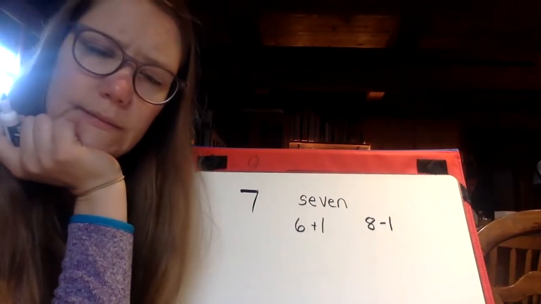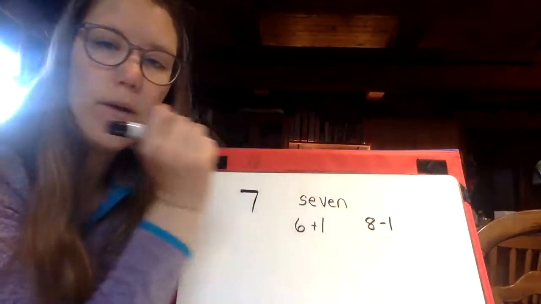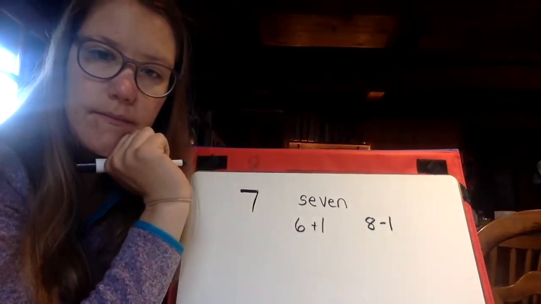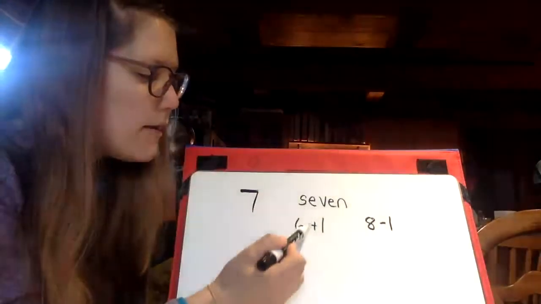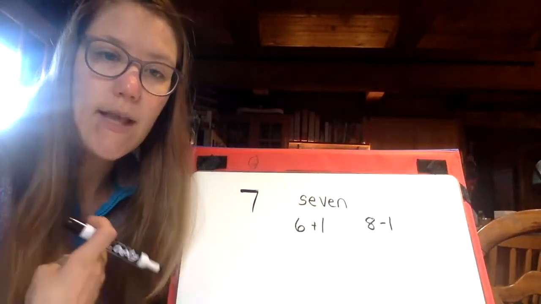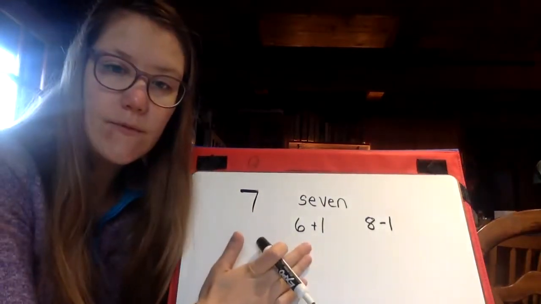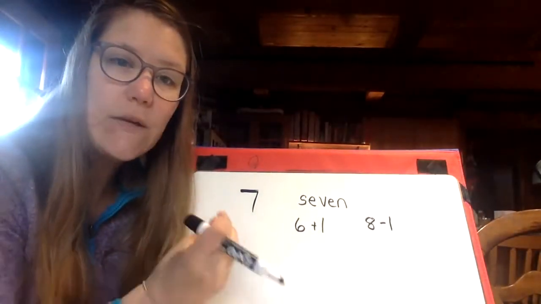Is that 7? If I have 8 and I take away 1, does that equal 7? Yeah. So all 3 of these represent 7 in a different way. Just like I have different names, numbers can be represented different ways as long as it equals 7.